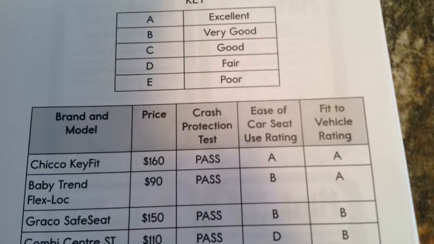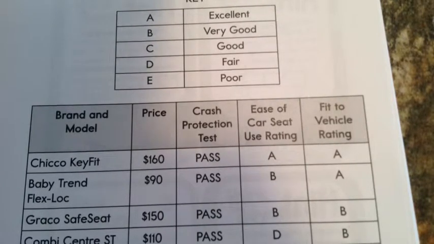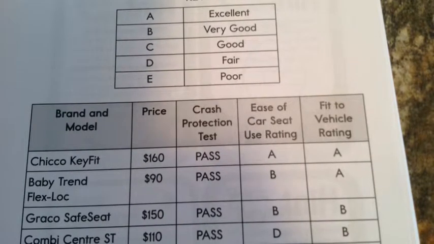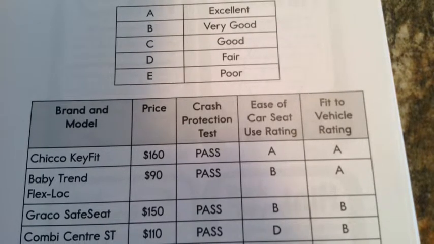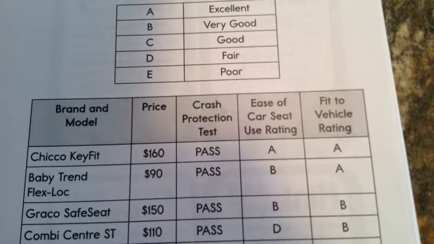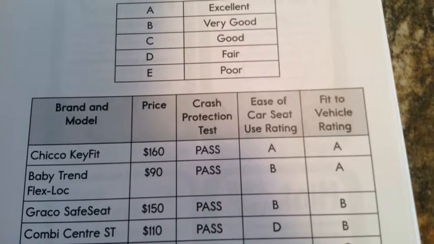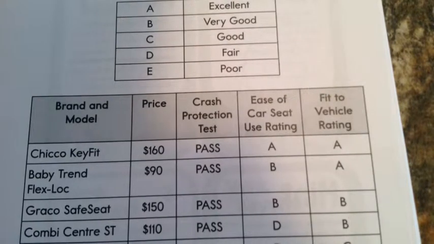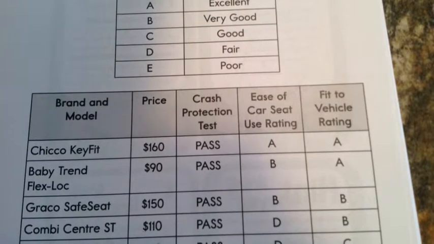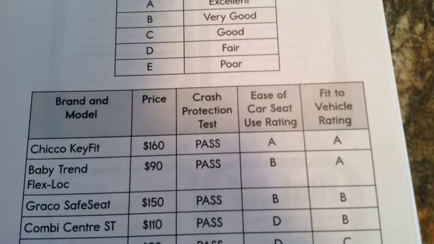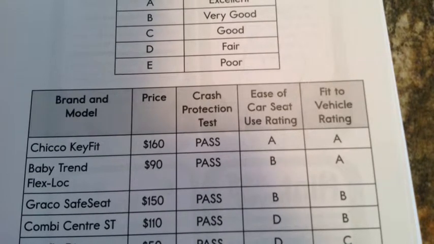Let's look at this graphic I have from the AAP, the Consumer Reports rating system for infant car seats. I found this online, and I want you to look at this chart and especially look at the column that says pass results.